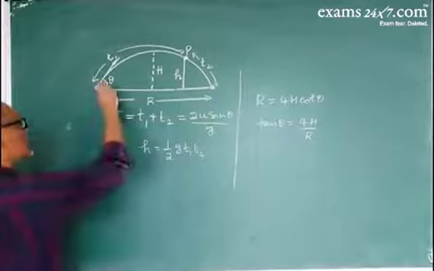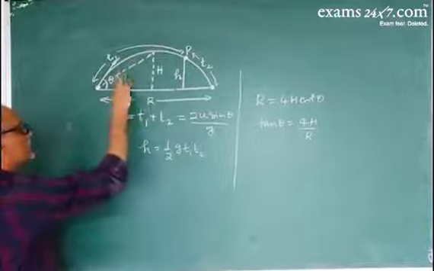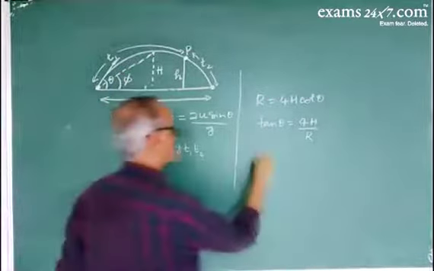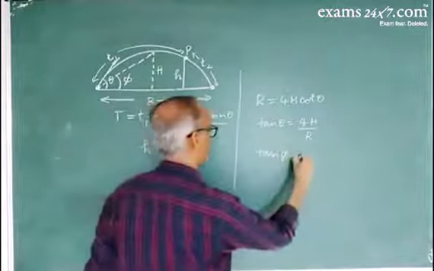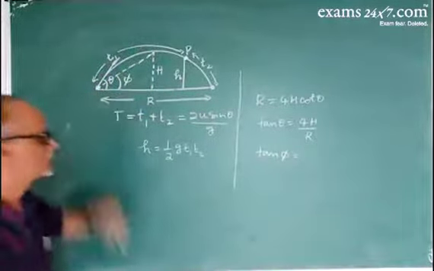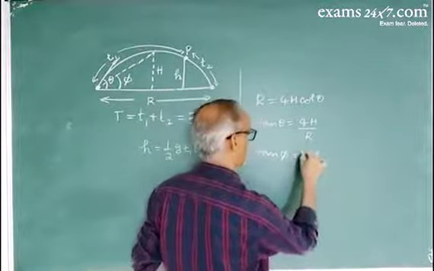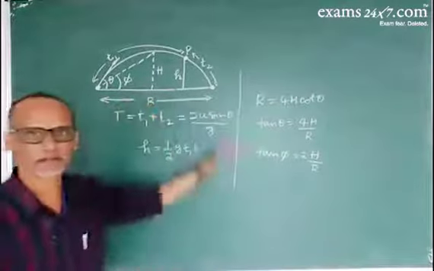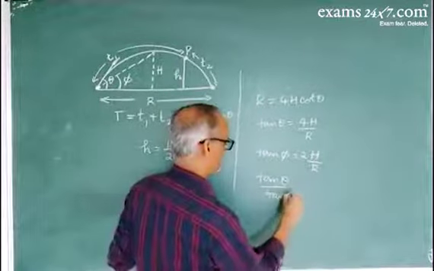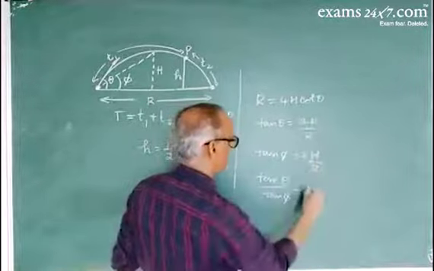Suppose I measure this angle, which is called the angle of elevation, phi. From this, tan phi is equal to h divided by r by 2. Now if I divide these equations, I get tan theta by tan phi is equal to, h by r gets cancelled, 4 by 2 is 2.